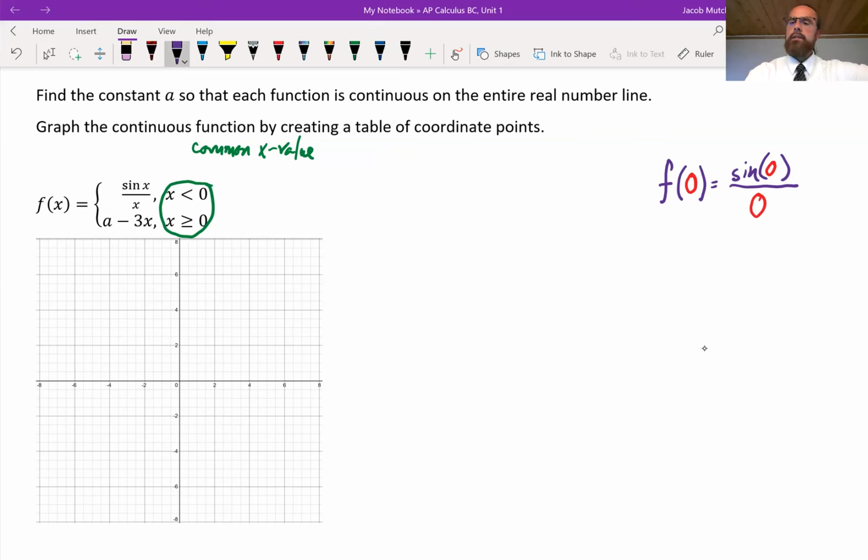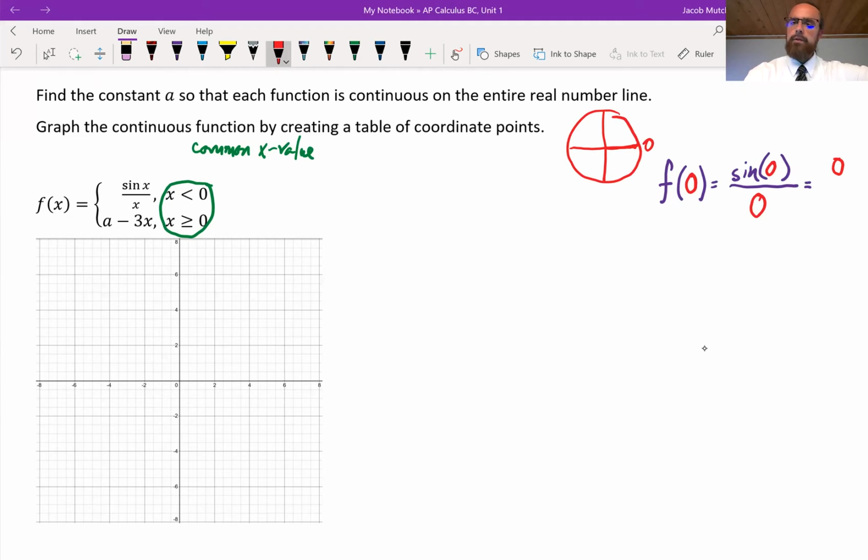And I think we see that we're going to have some trouble, because sine at 0 is 0. Just to recall the unit circle, that's where we define our sine, cosine, and tangent. The triangle at the x-axis, which is 0 radians, has a height of 0.